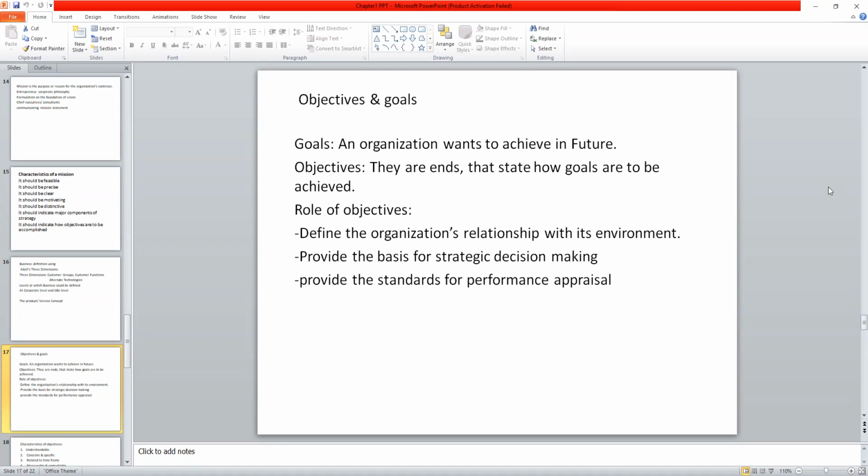So if you consider, for example, if the company wants to gain profits, it would just state that maybe in future the company would like to achieve more profit as compared to the previous year. Here, how much profit is not quantified. It only states that it wants to achieve more profit, or more market share.